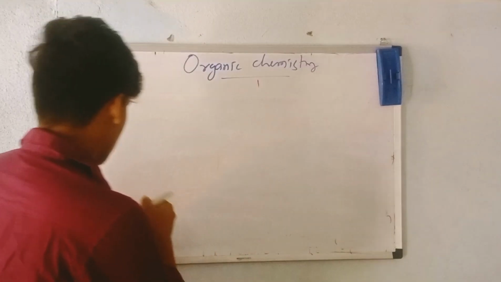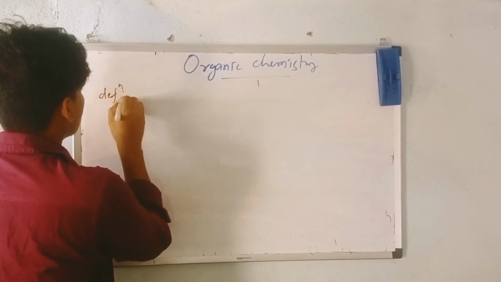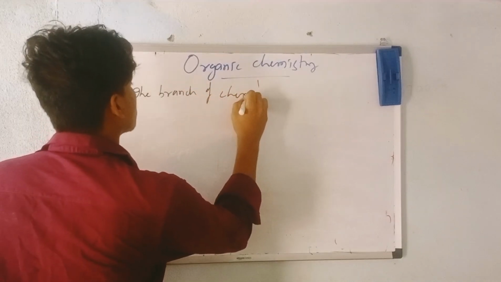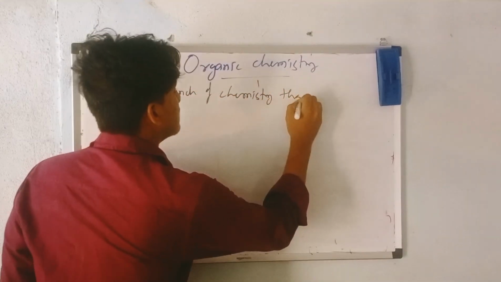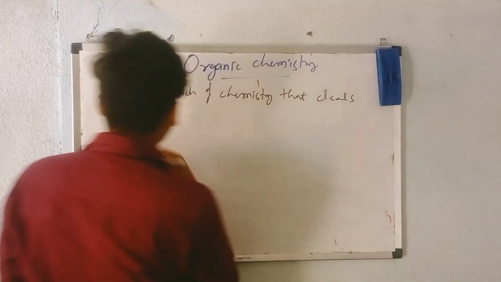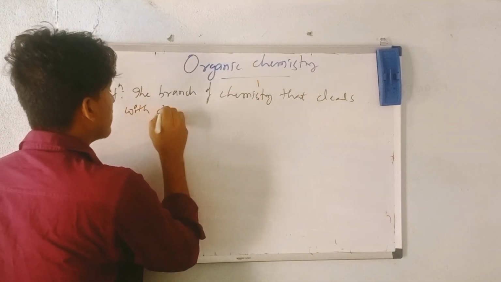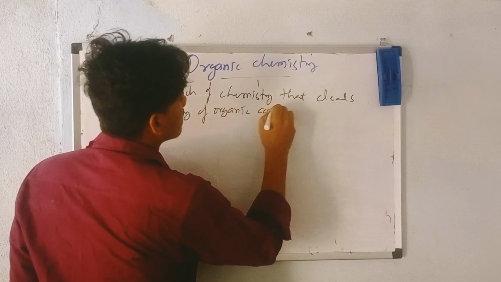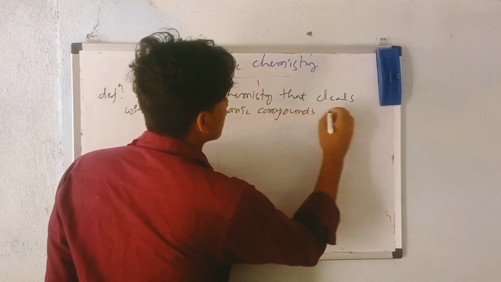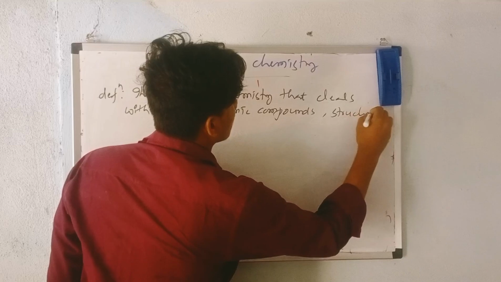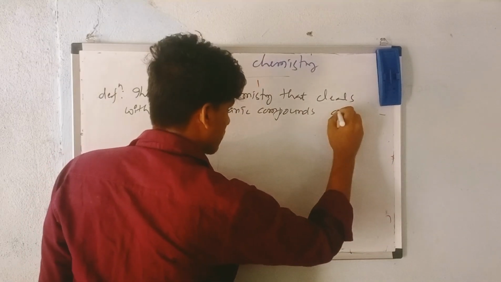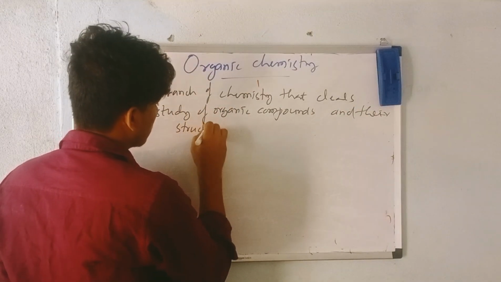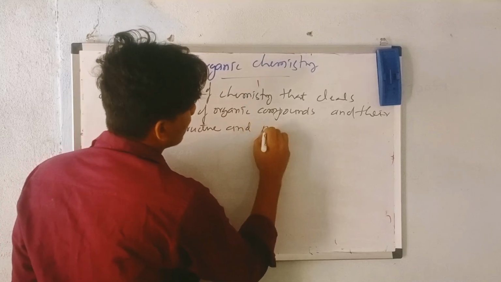So the definition: the branch of chemistry that deals with the study of organic compounds, their structure and properties.